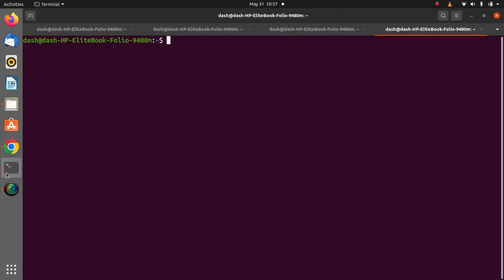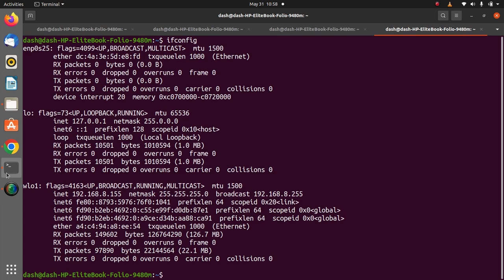For my terminal, I want to first of all see my network IP address. And this is the current IP address of the system.